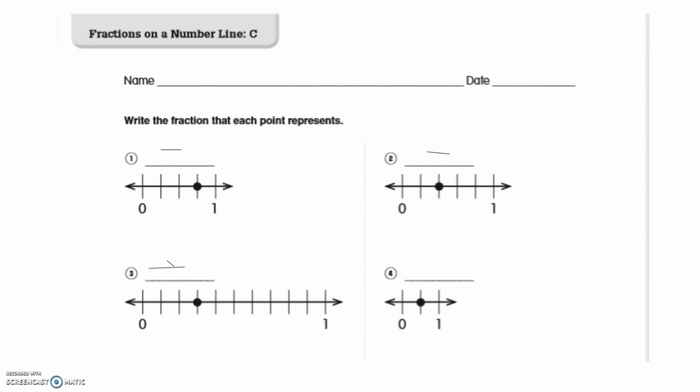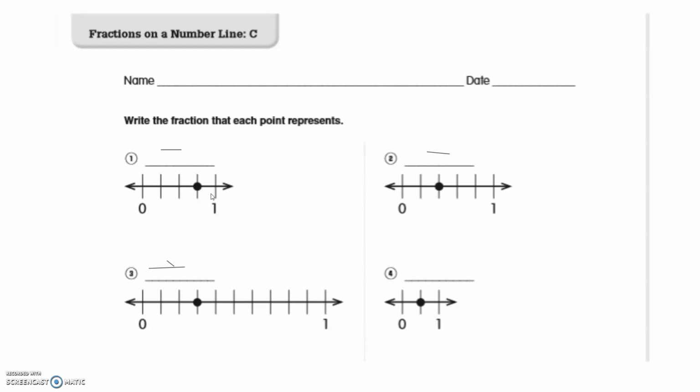Okay, so for homework C, now that you understand the number line, you're going to write an actual fraction. You're going to figure out the dot on the number line, what the fraction is. So our first step, we have to know the bottom number. 1, 2, 3, 4.